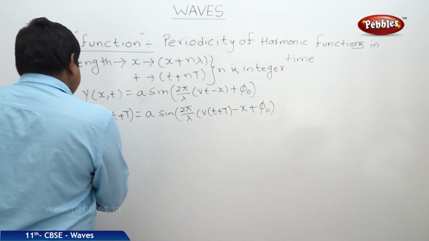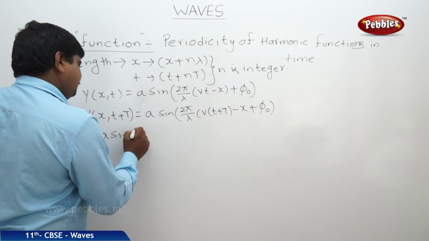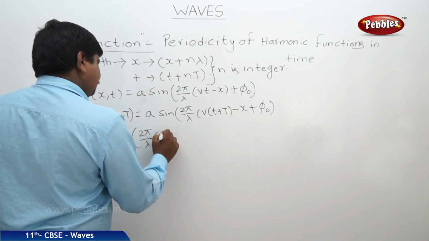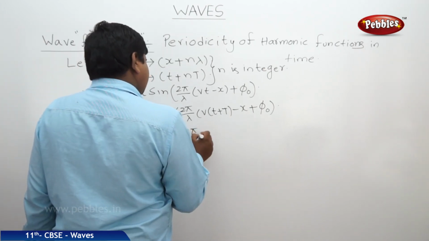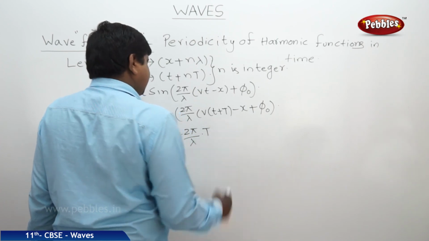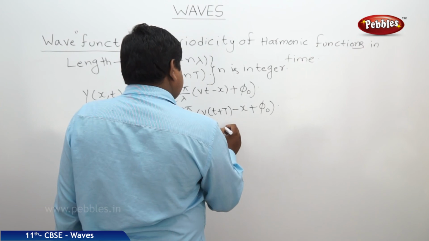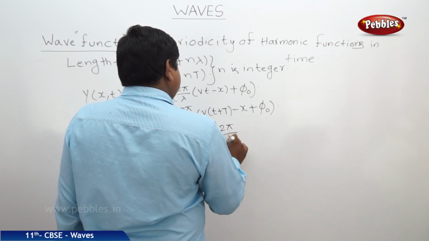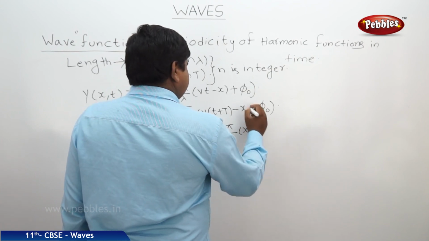So it is A sin of 2 pi by lambda into vt plus 2 pi by lambda into vT, minus 2 pi by lambda into x, plus phi naught.